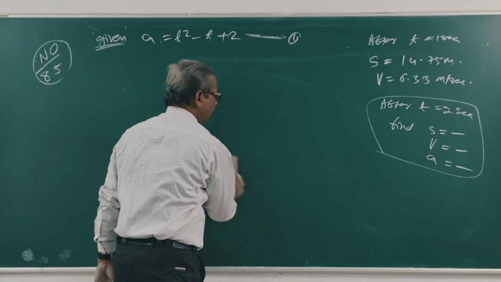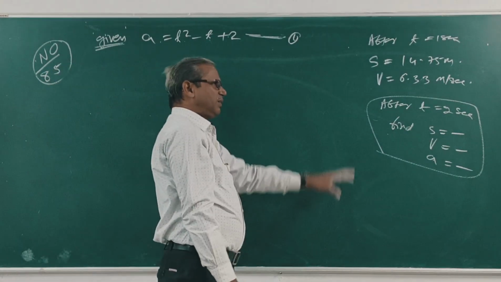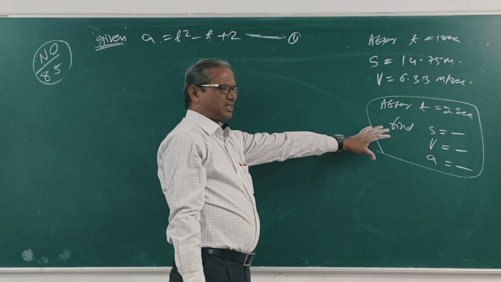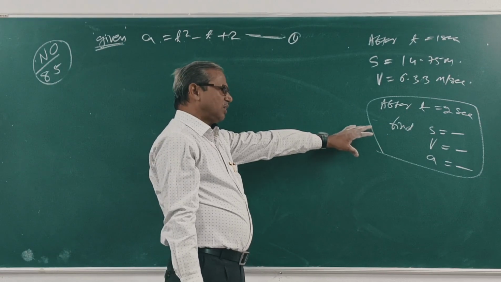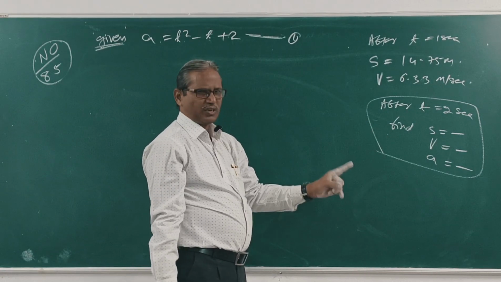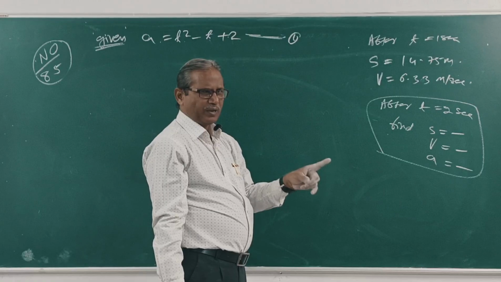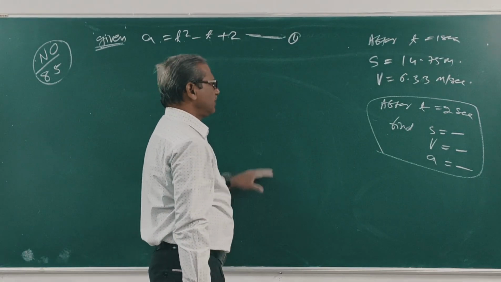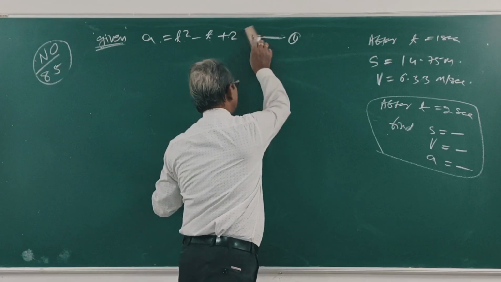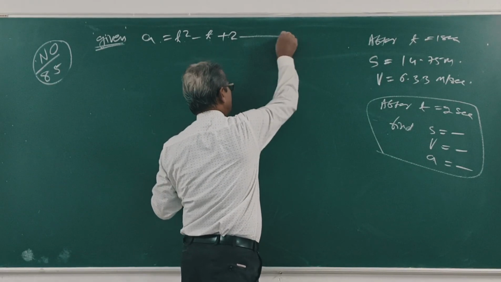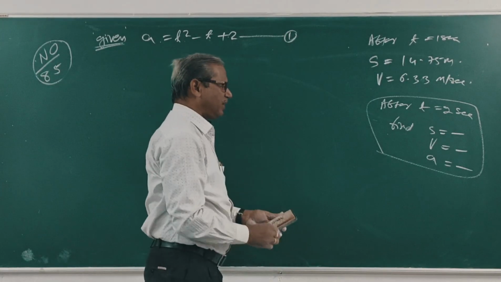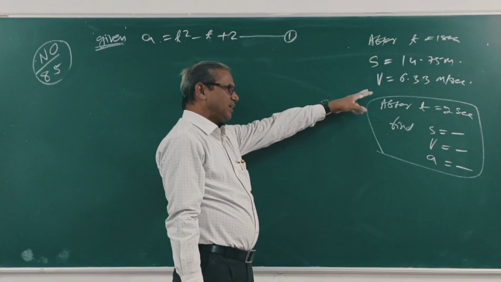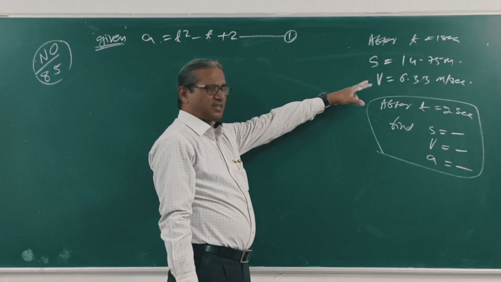Now, this is the given data. This is required to find displacement, velocity, acceleration after 2 seconds. Clear? Now, this is the equation of motion for acceleration, equation 1. The condition is given: after 1 second, velocity is this, distance is this.